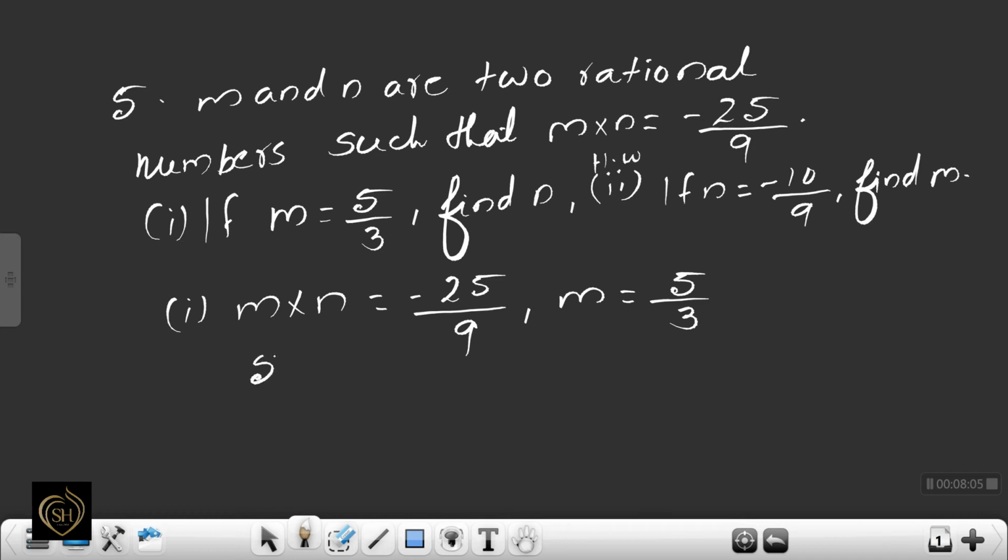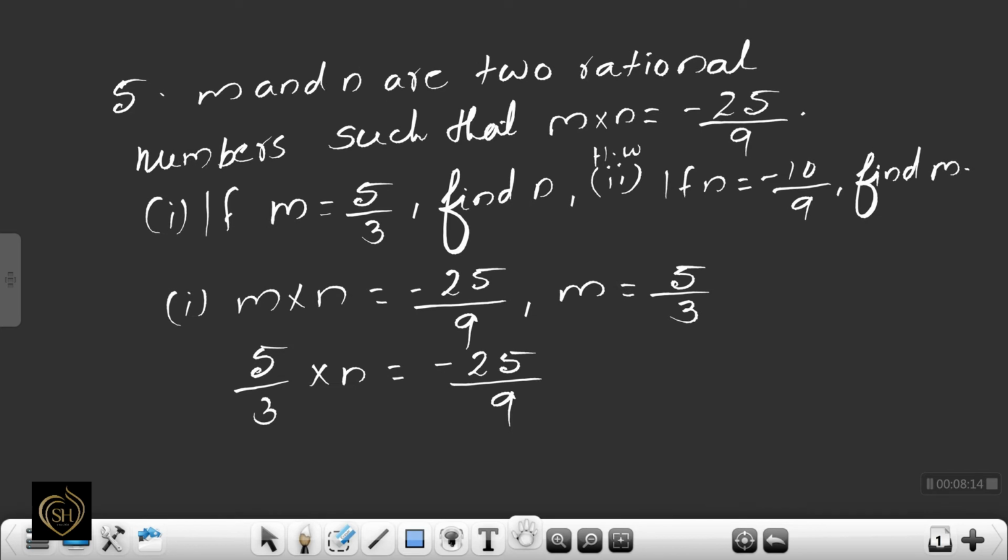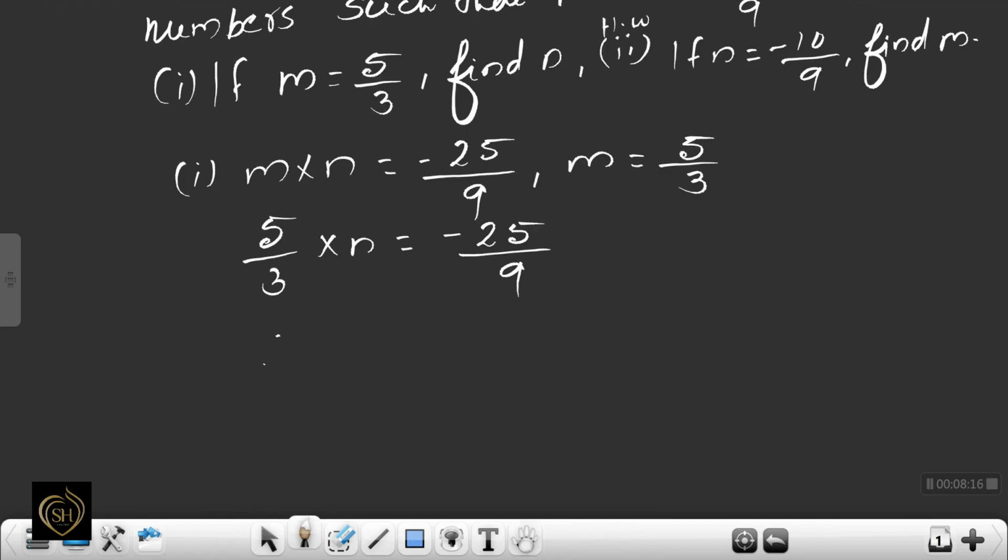Then substitute the value of m, 5 by 3, into m into n is equal to negative 25 by 9. Therefore, n is equal to, multiplying 5 by 3 transferred, negative 25 by 9 divided by 5 by 3.